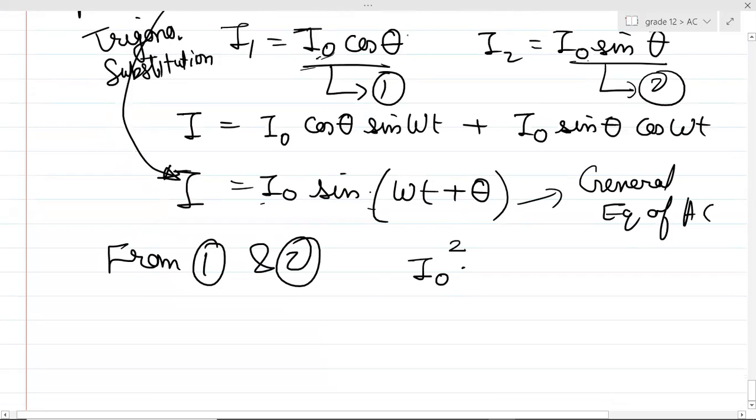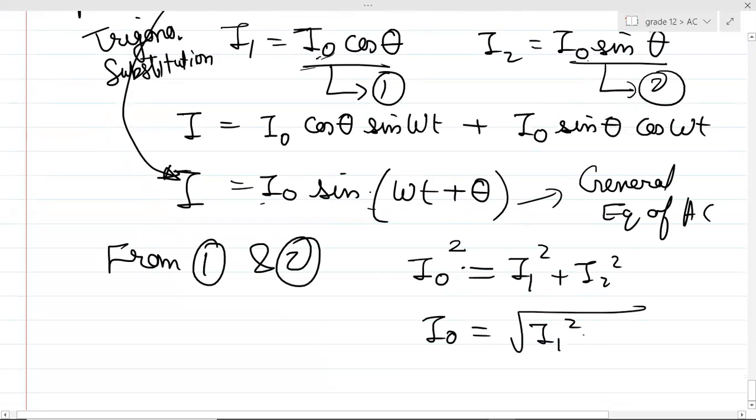So I naught square cos square theta plus I naught square sin square theta, and cos square theta plus sin square theta becomes 1, right? So I naught square will be equal to I1 square plus I2 square, and I naught is basically under root of I1 square plus I2 square. Can I write it like this? Now what was I naught? I naught was basically the peak value. So what will be the RMS value of this current? RMS value will be what?